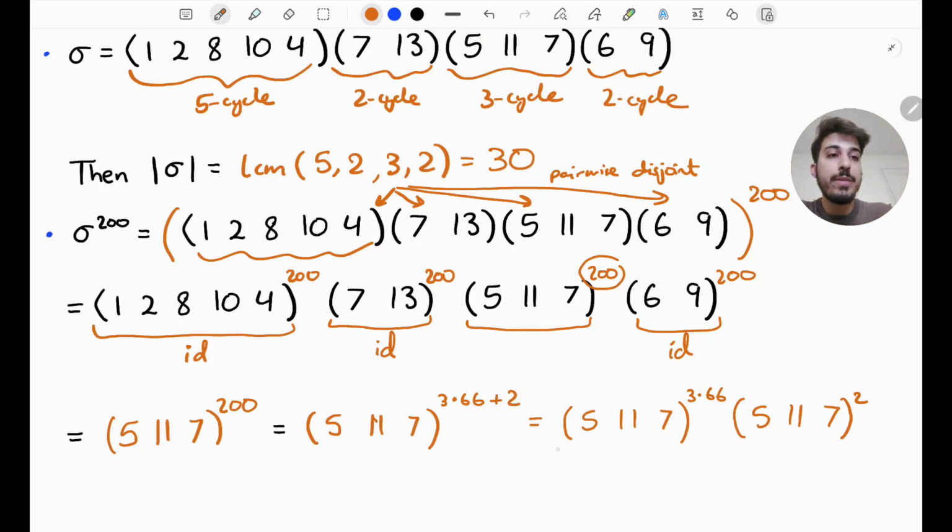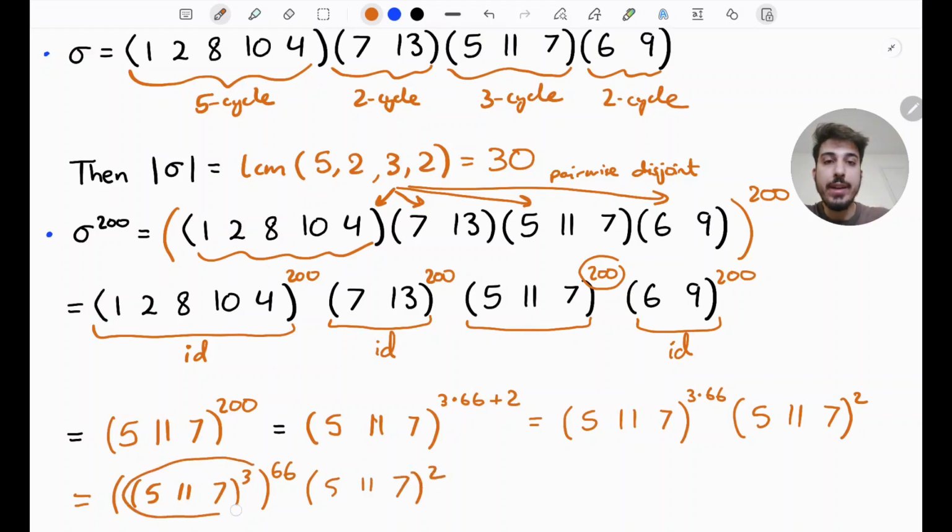And now we find that this guy here is reduced to the identity. Why? Because we can just say this is equal to (5 11 7) to the third power to the 66th power times (5 11 7) to the second power. And this guy here is the identity because 3 is the order of this 3 cycle.